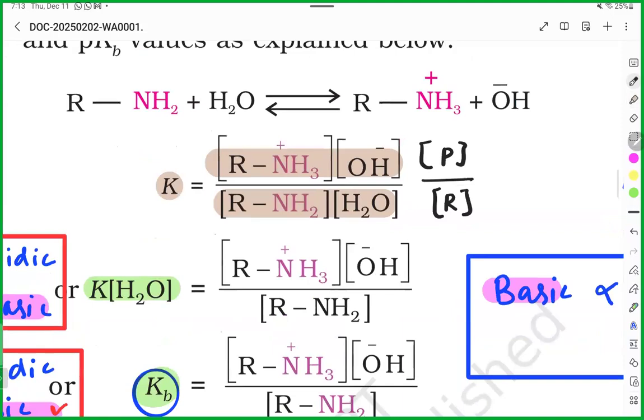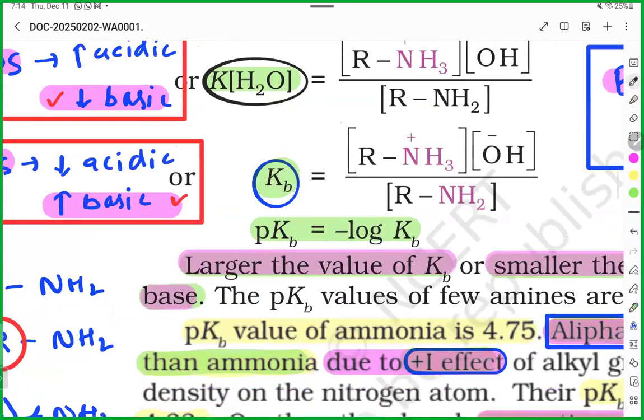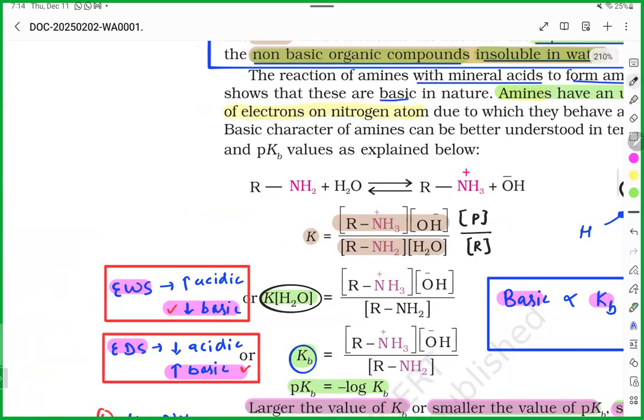So if water goes to the other side, this will be known as the dissociation constant for base. So in the equilibrium chapter, Kb is equal to K into H2O. Same way, Ka will be equal to K into H2O. For acid, you will take Ka. For base, you will take Kb.